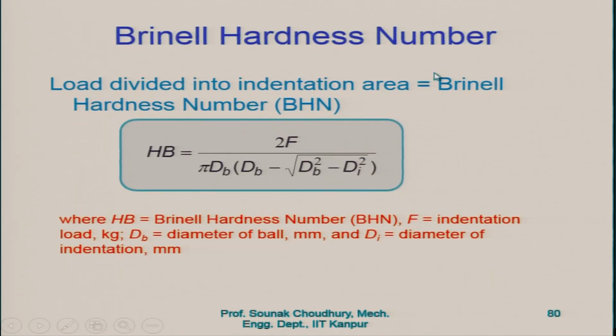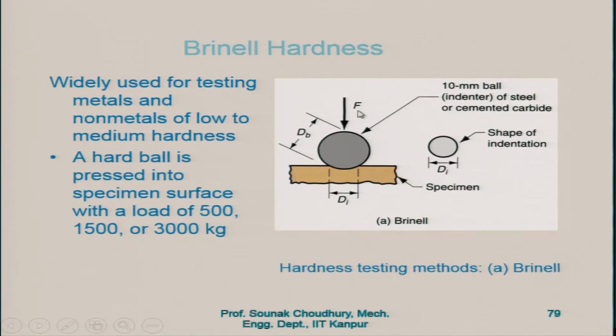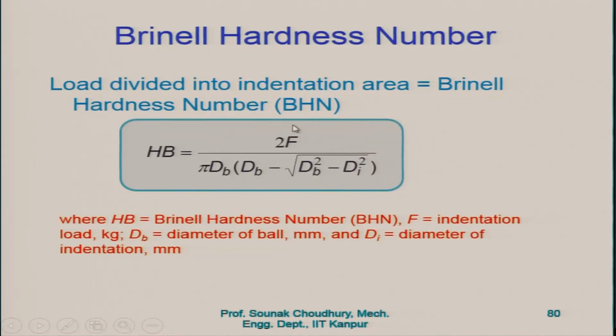The Brinell hardness number is the load divided by the indentation area. This is how it is defined: 2 into F. Here you can see that F will be determined, either 500 or 1500 or 3000. This may not be mentioned because HB, the Brinell hardness number itself, says that this has been taken care of.